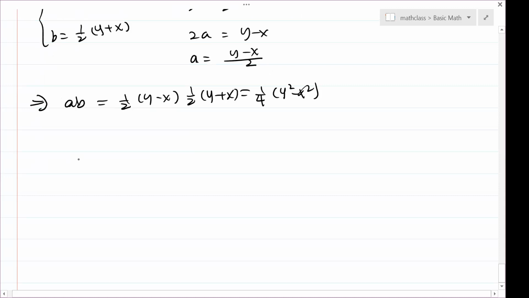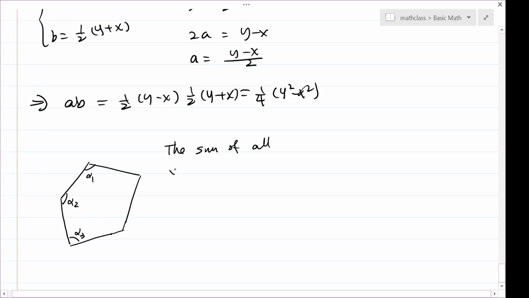Remember for the polygon, more than a triangle, if we have angles, remember that the sum of all interior angles is going to be n minus 2 times 180 degrees.